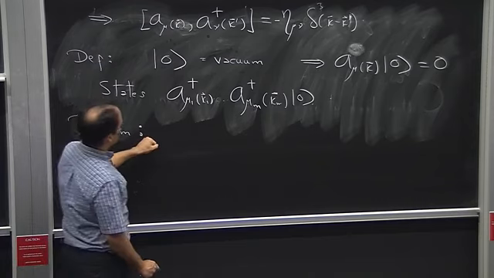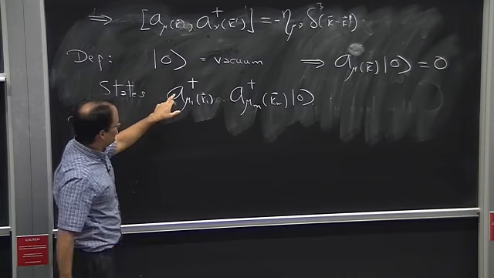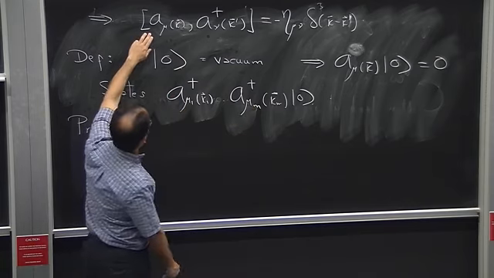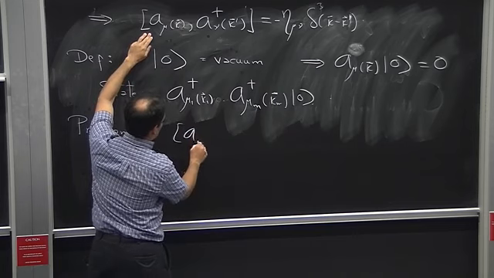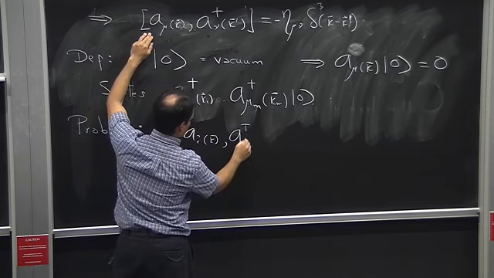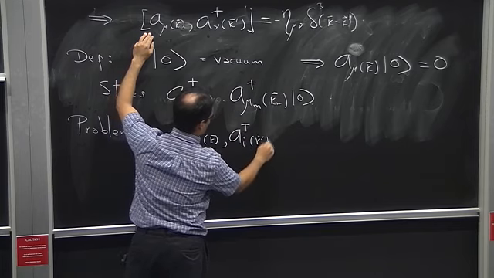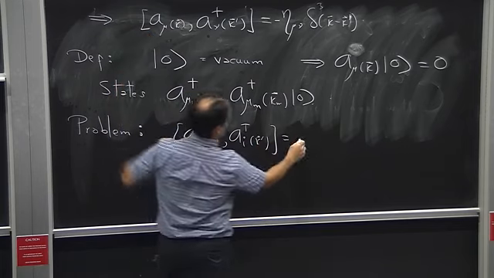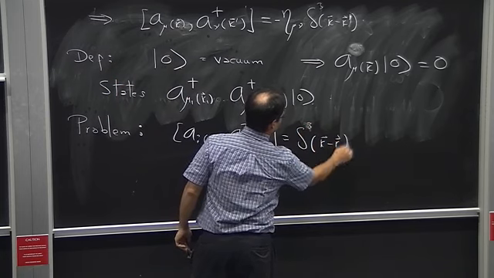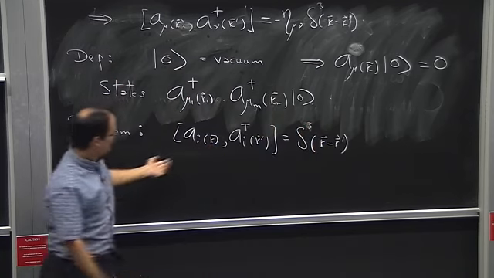But there is a problem, and the problem is that if you take any state, okay? Well, the first thing that you see from here is that if the creation operators have space-like components, they have the standard commutation relations that we are happy with, okay?